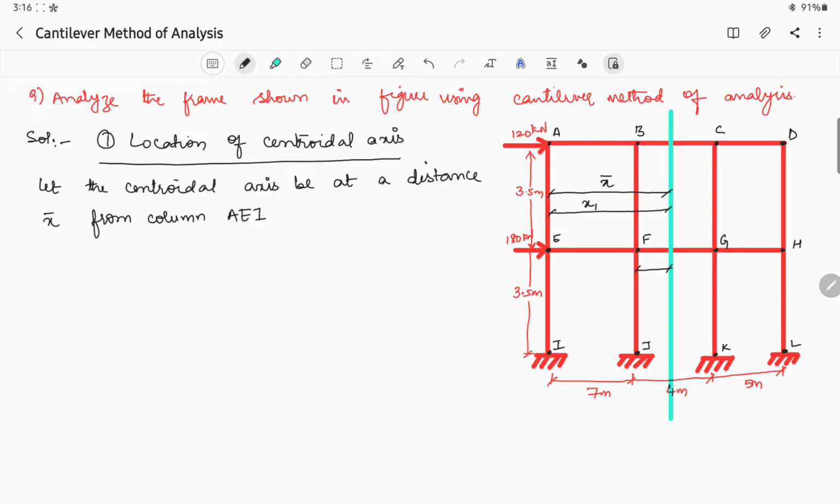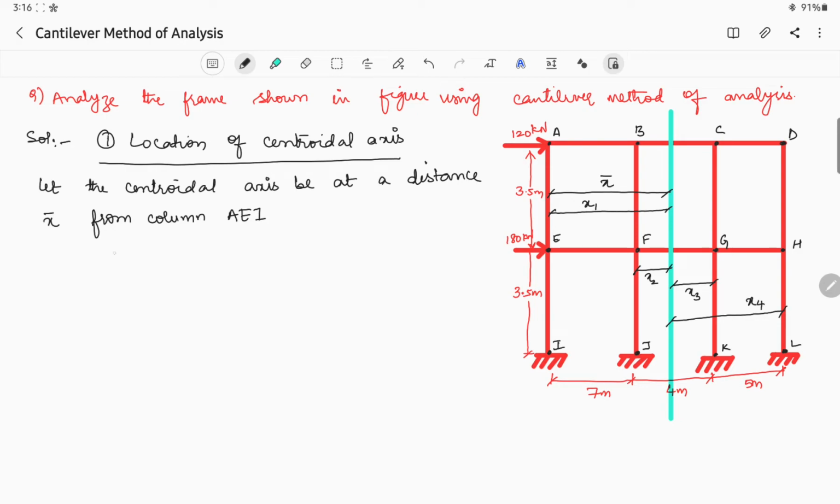Okay, from each and every column I am taking. Let this be x2. Then distance from centroidal axis to column CGK be x3, and distance from centroid to column DHL as x4. Okay, these are the terms I am taking.